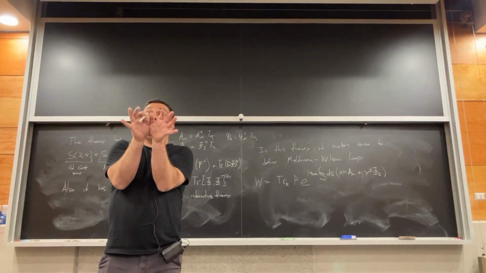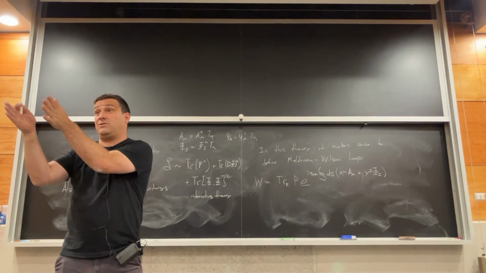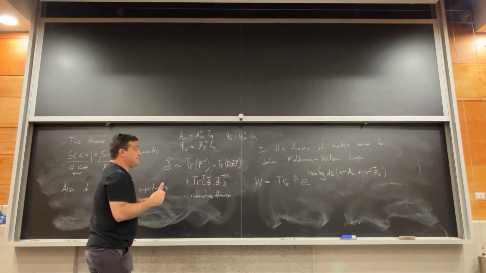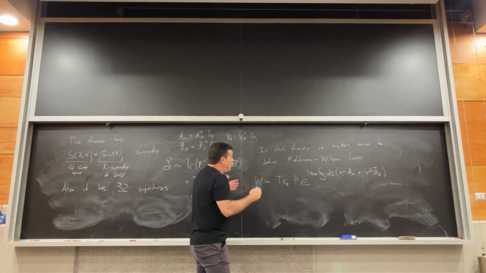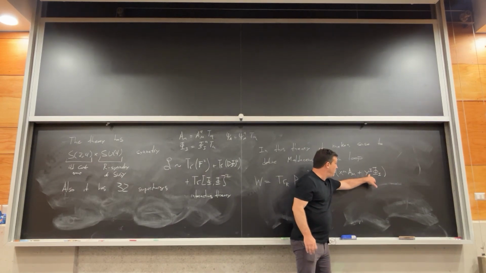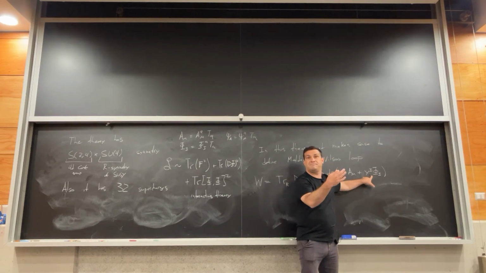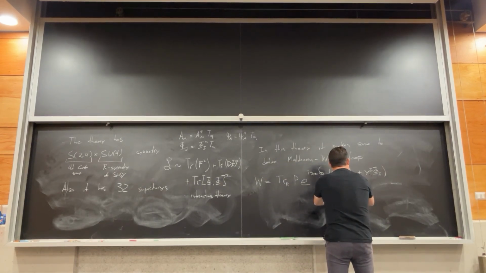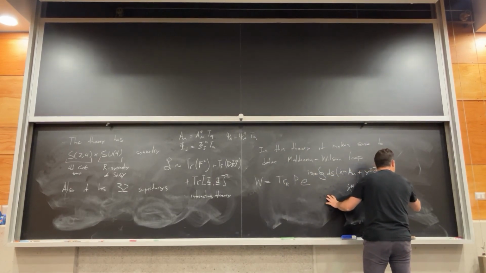When you split 10 into 4 plus 6, the 10-dimensional vector becomes a 4-dimensional vector and 6 scalars, right? So you can think of the phi's as the remaining components of the gauge field in 10D. And in that same logic, you can think of this guy as the same as this guy, but in 10D. So this would be like a curve in R^6. Does that make sense? I could write this as x dot^M A_M, where M now goes from 0 to 9.